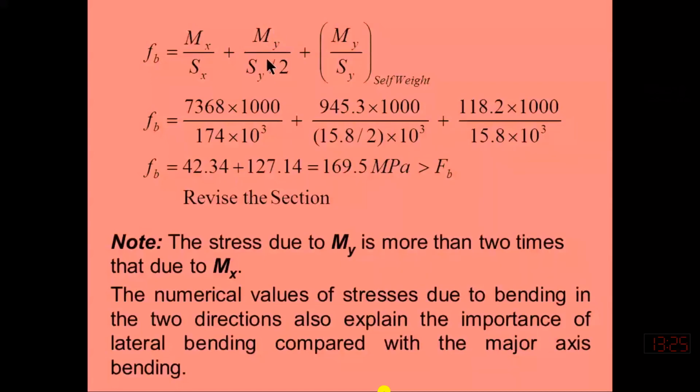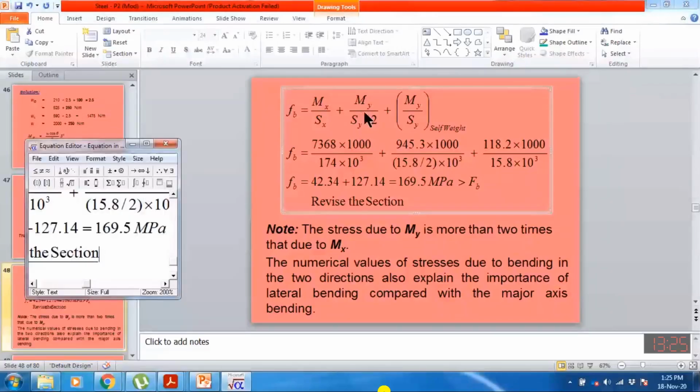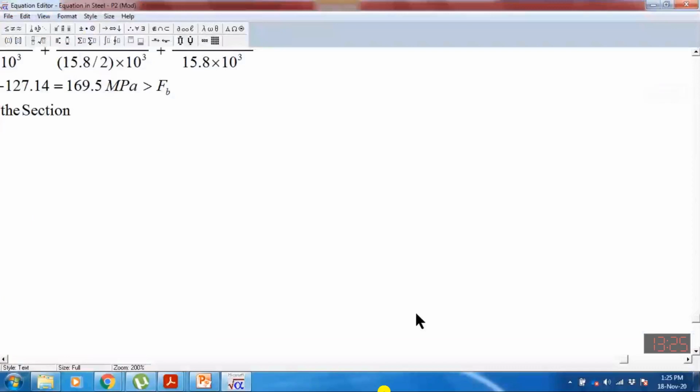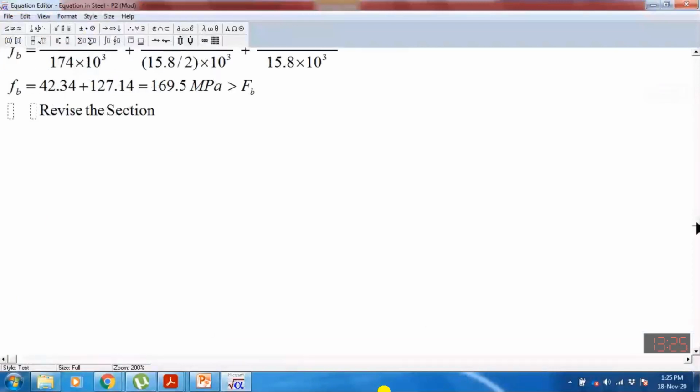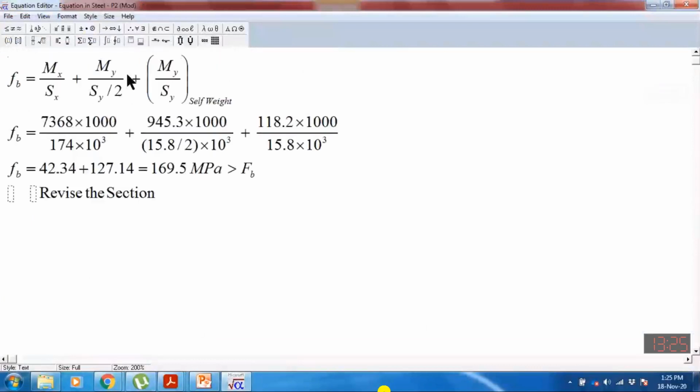or instead of this, you can say that 2 is multiplying on the upper side. So you have multiplied My over Sy by 2. Why have you multiplied by 2? Because you are considering additional torsion stresses which are produced due to superimposed dead load and live load.